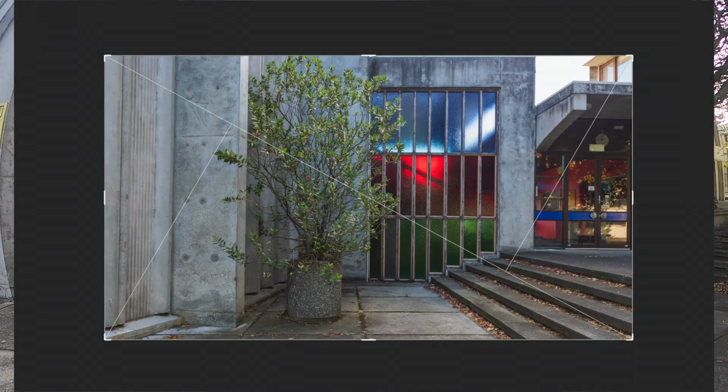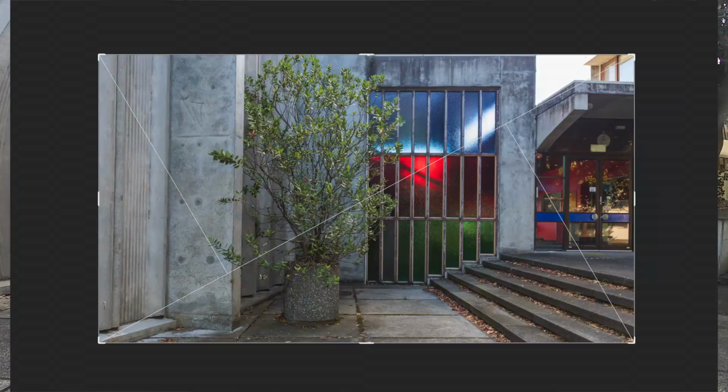Now, the principle of the golden triangle is, and I'll show you some pictures with the principle on it as I'm speaking, effectively you draw a line through the composition from either the top to the opposite bottom corner on the diagonal, or from the bottom left to the top right.